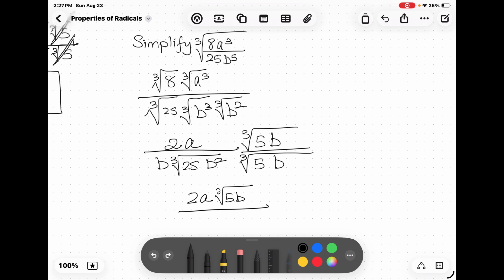And then I've got the b and the cube root of b, that one and that one. So the cube root of b cubed is b, times b. B times b gives me b squared. One last check. Can I cancel anything here? No. And that is it.